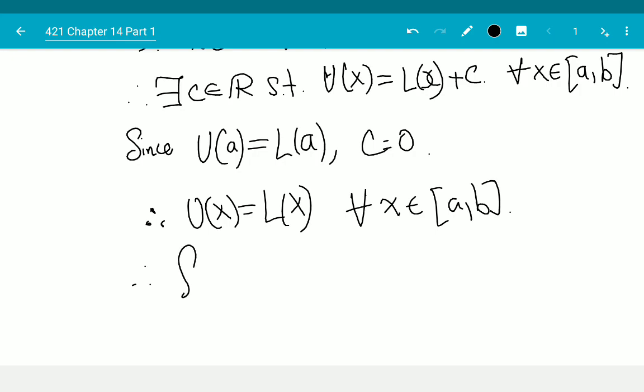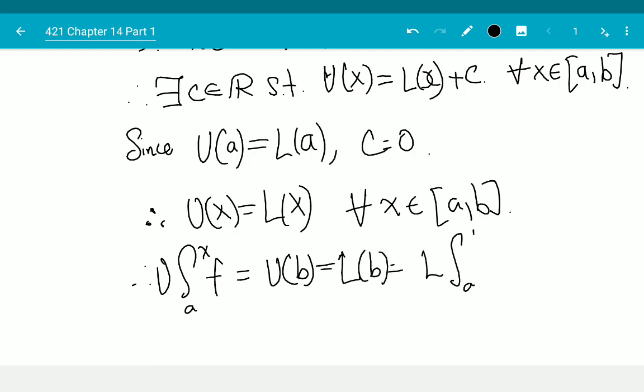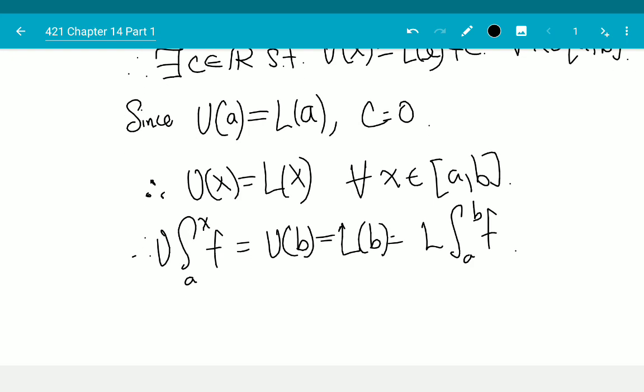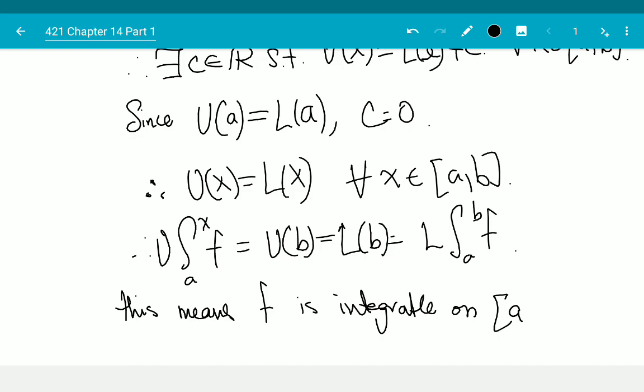Therefore U of b, which is equal to L of b, is equal to the integral from a to b of f. And this means that f is integrable on a to b, as we required.